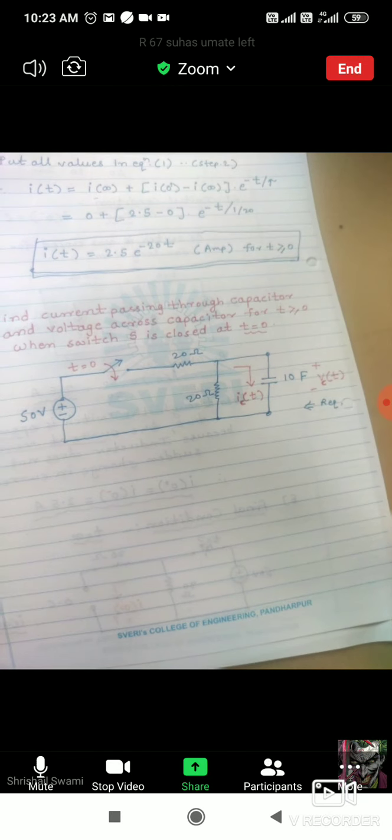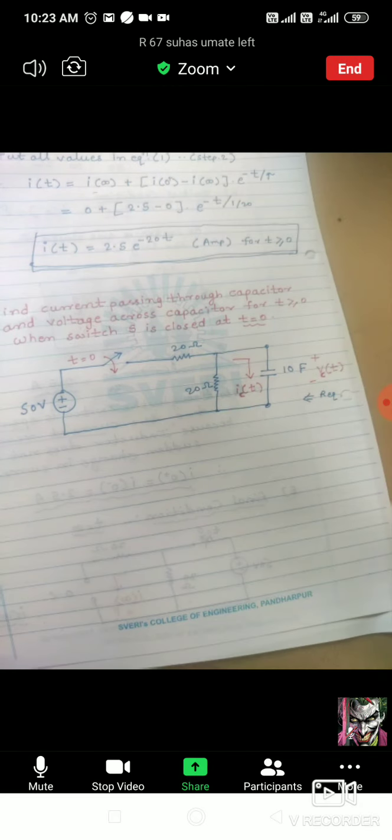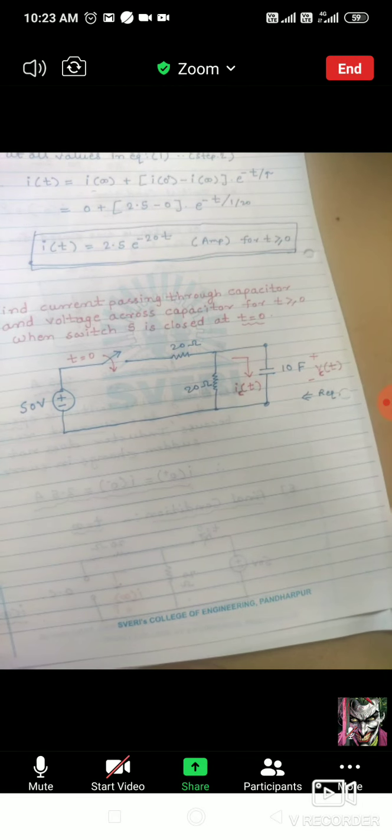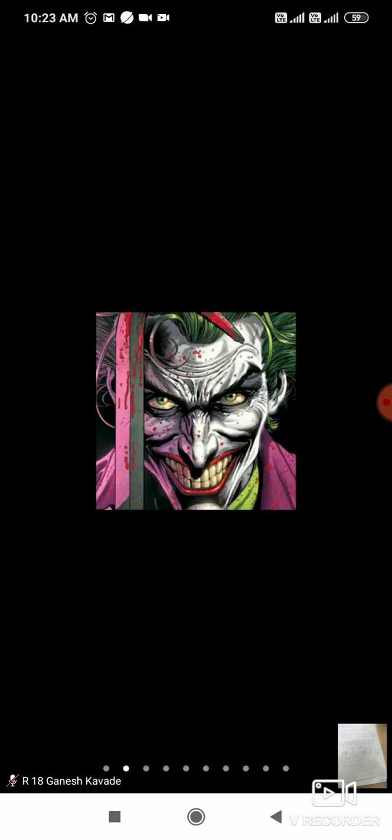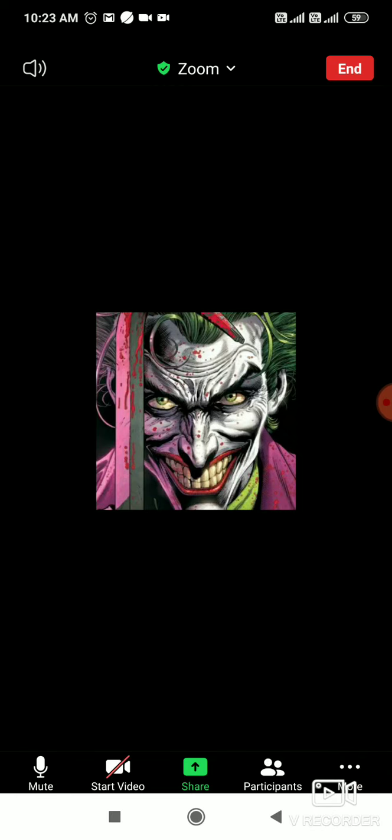In that case, how are the 20 ohm and 20 ohm connected, whether in series or parallel? Anyone? How are they connected, series or parallel?